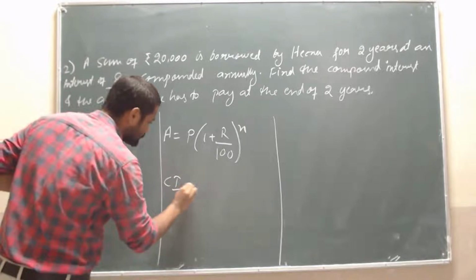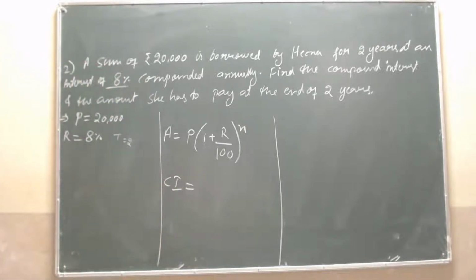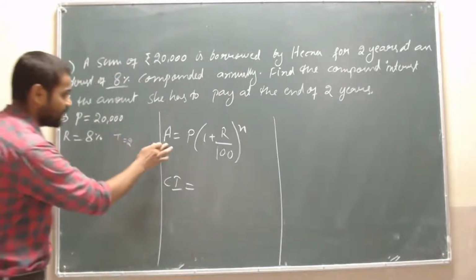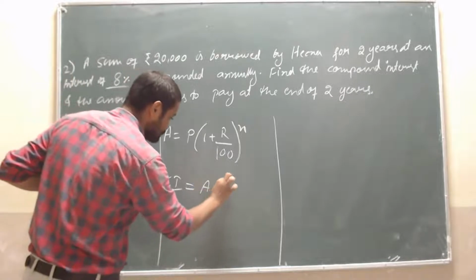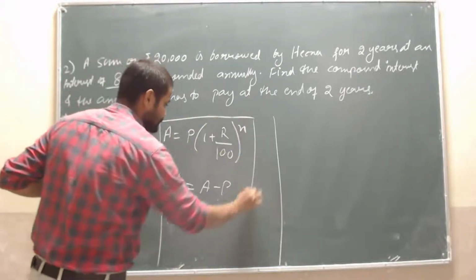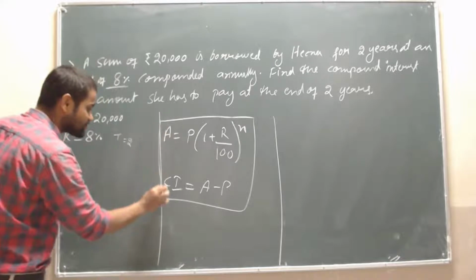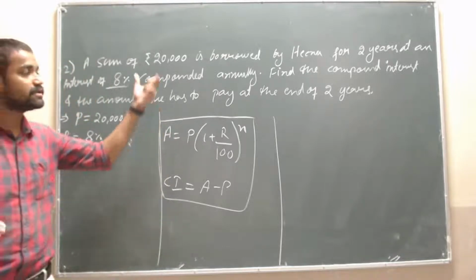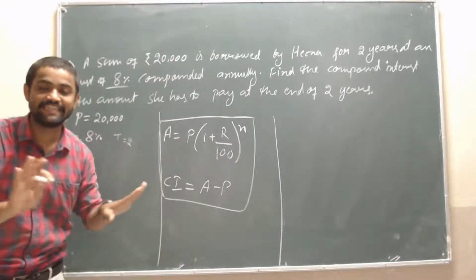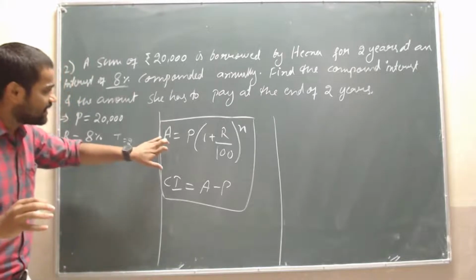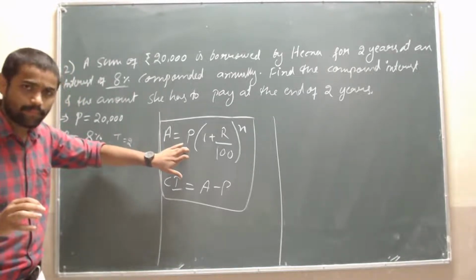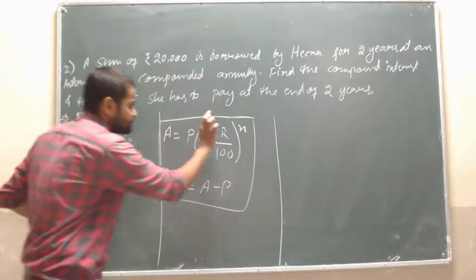And compound interest is equal to A minus P. Using these formulas, we can find out the compound interest easily.